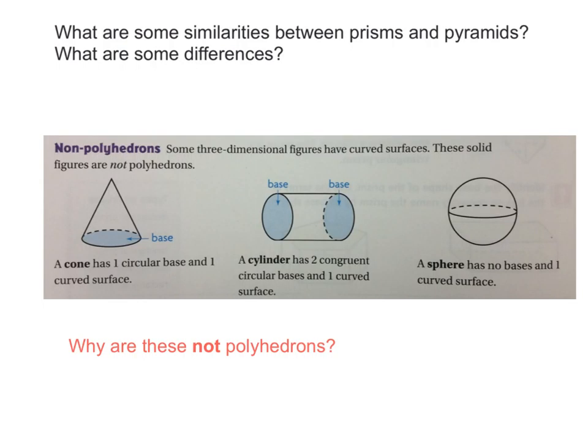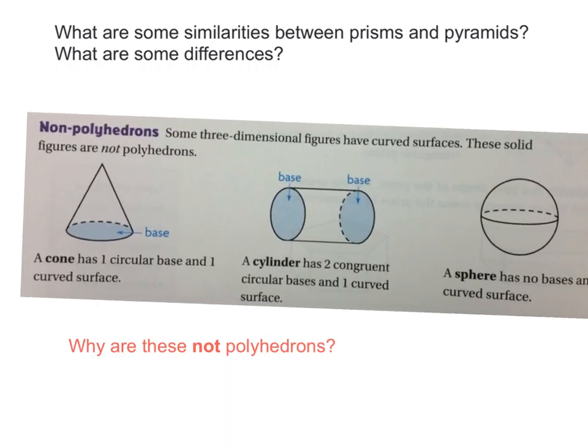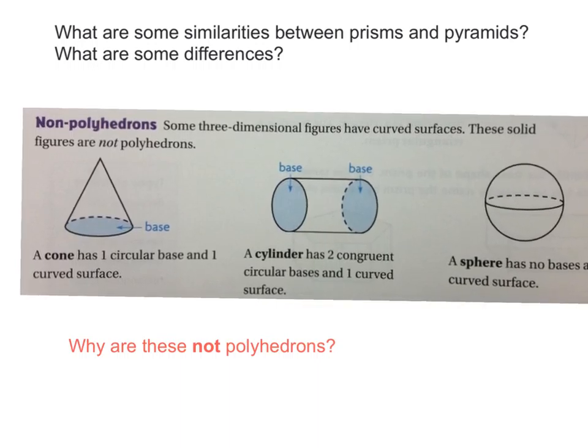There are some three-dimensional figures, as we've discovered, that are not polyhedrons. You will see this in your book, and you might also want to take notes. Some three-dimensional figures have curved surfaces. These are solid figures that are not polyhedrons, and here are some examples. A cone has a circular base and a curved surface.